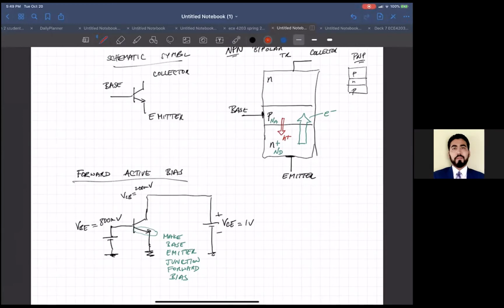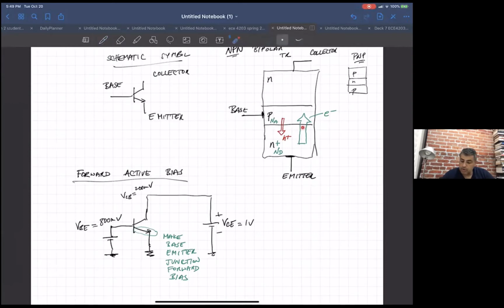And this is in forward bias, correct? That's in forward bias. So this junction is forward bias, and electrons are going to diffuse across, and holes are going to diffuse across.